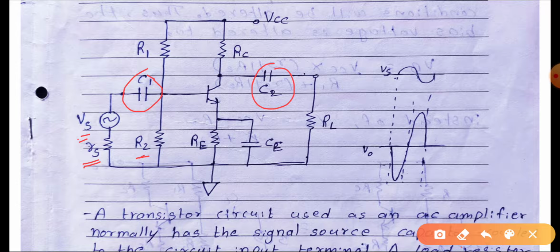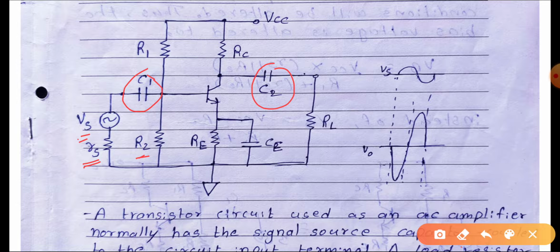Just keep it in your mind that you cannot disturb the DC biasing condition of an amplifier circuit. You have to keep the DC biasing condition, or the operating point or Q point, intact, and then you can use it as an amplifier. So these are your coupling capacitors.